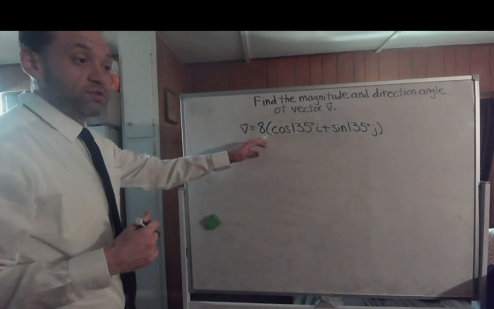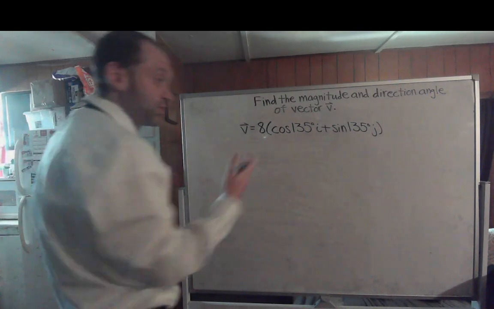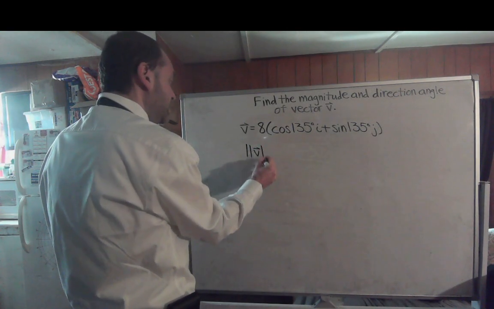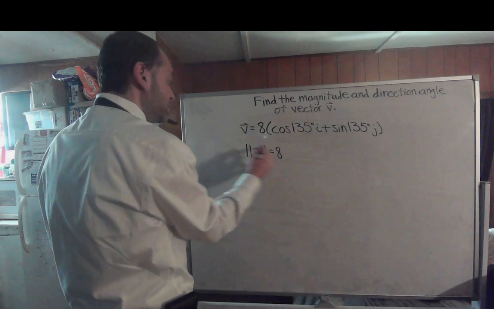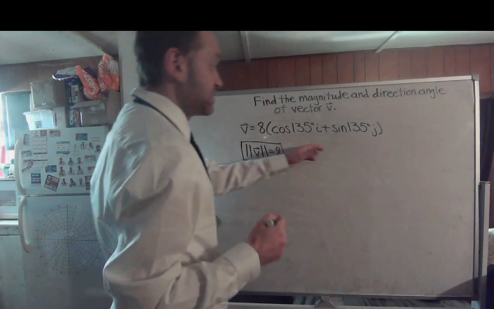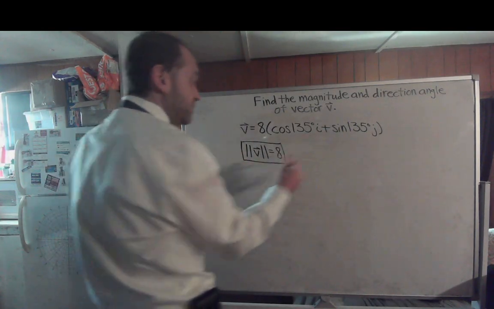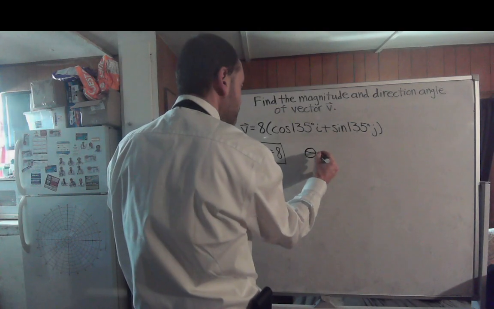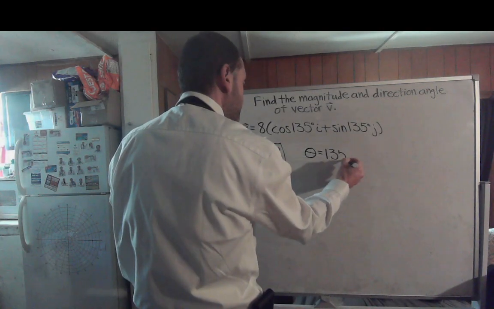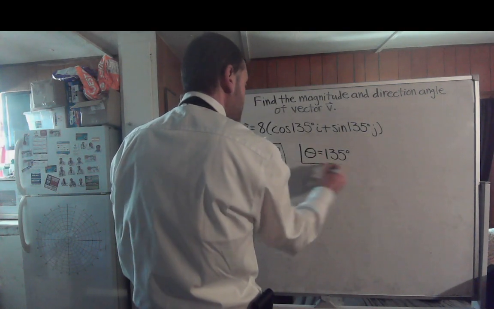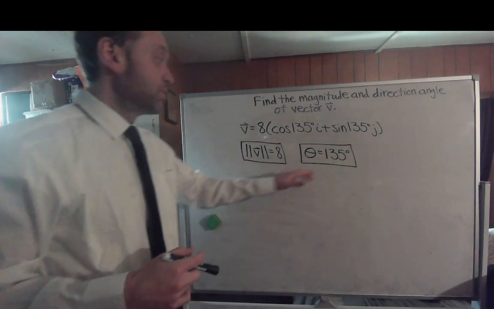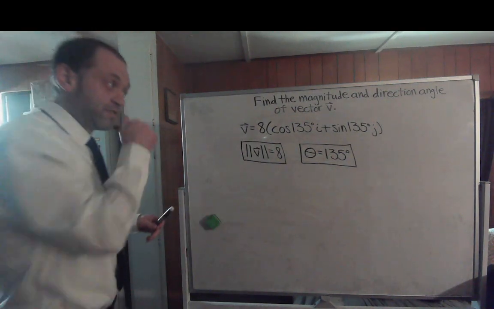The magnitude's outside of the parentheses, so the magnitude of v is going to be 8. That one was handed to you. And then inside the parentheses, you have 135 degrees, so your direction angle that it makes with the positive x-axis is 135 degrees. So this vector has a magnitude of 8 with a direction angle of 135 degrees.